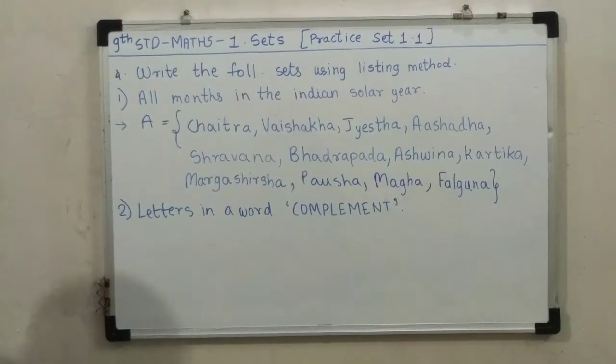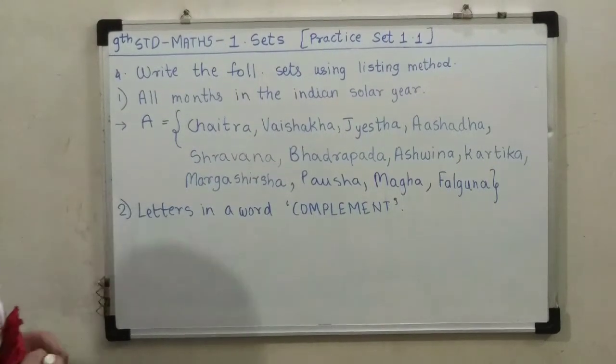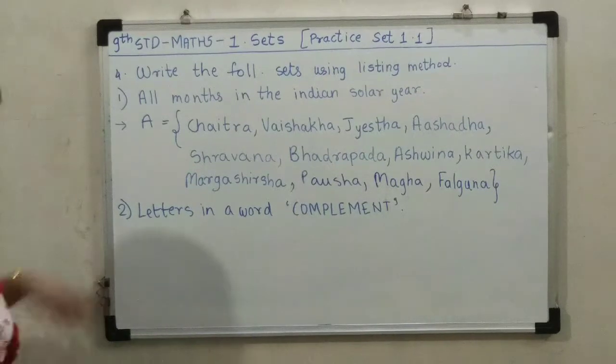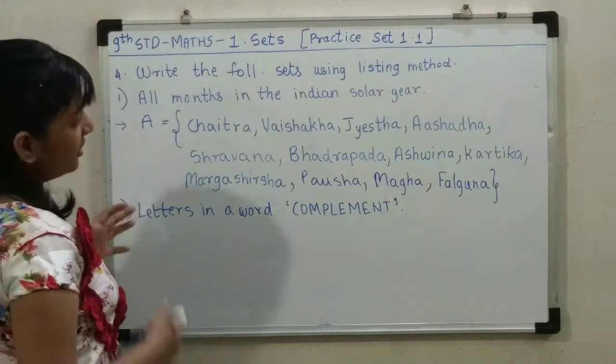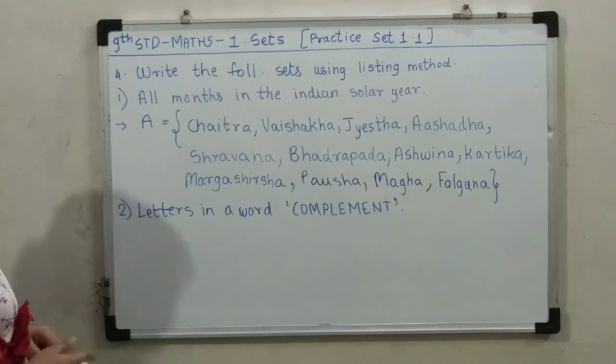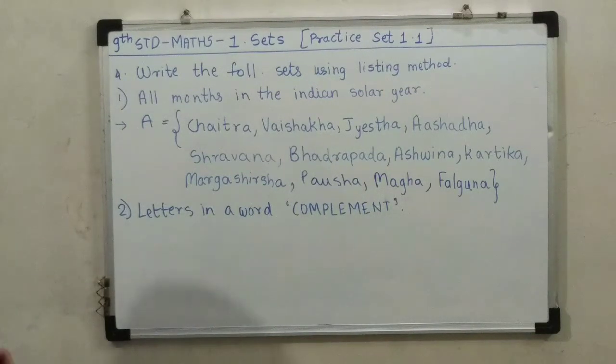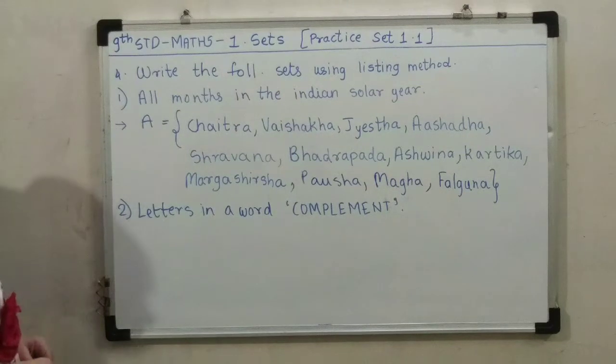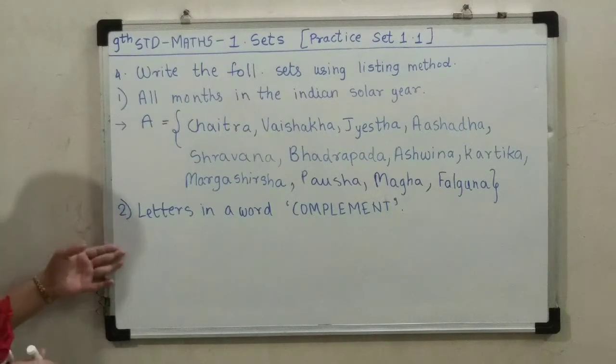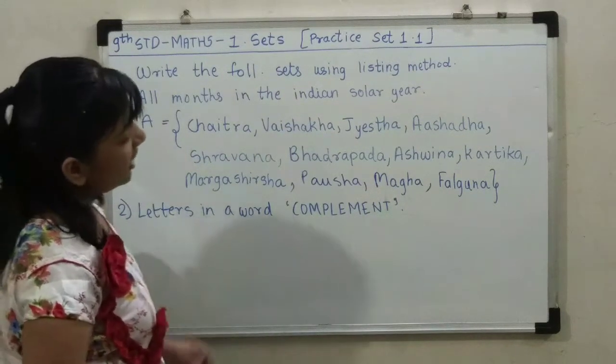Now fourth question is write the following sets using listing method. First is all months in Indian solar year. So set A is equal to Chaitra, Vaishak, Jyeshtha, Ashadh, Shravan, Bhadrapad, Ashwin, Kartik, Margashish, Paush, Magh and Falgun. Second question is letters in the word complement.